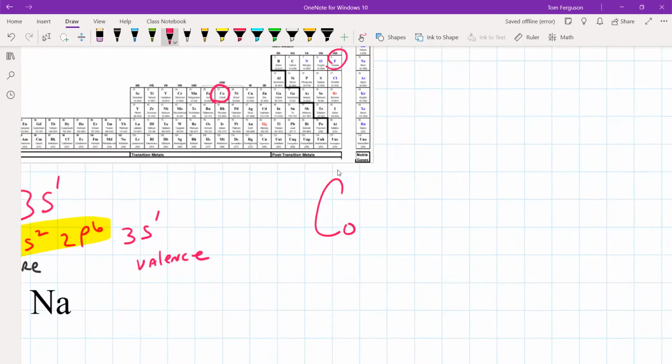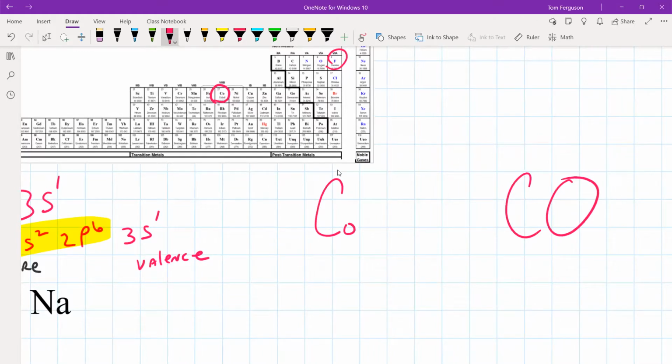And notice the symbol for cobalt is written with 2 letters. The first letter of a symbol is always uppercase. The second one, if there is a second one, is always lowercase. No exceptions. Because if we were to write cobalt like that, that would indicate carbon monoxide, which is not the same as cobalt.